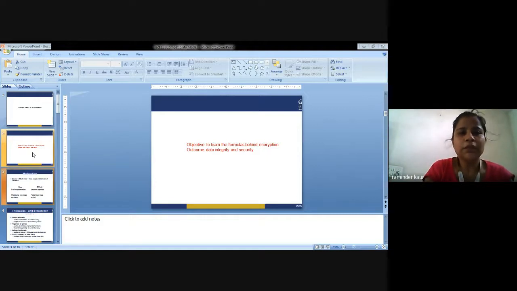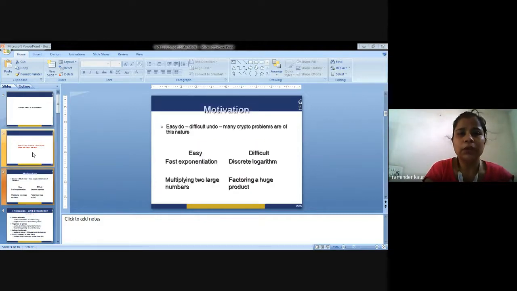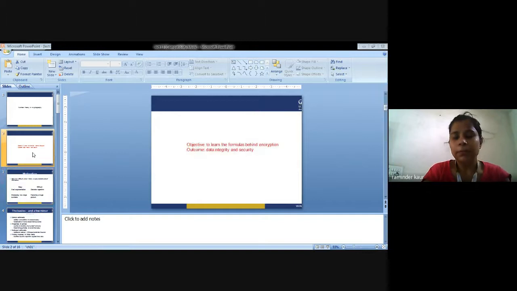Before discussing any term, I am going to discuss the outcome. The outcome is that the highest data integrity and the highest security of the data can be achieved.